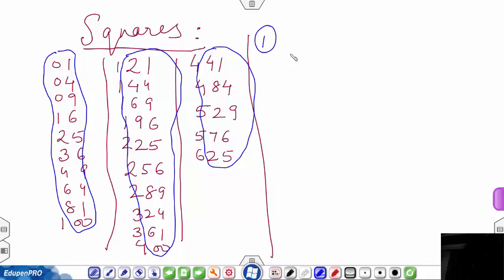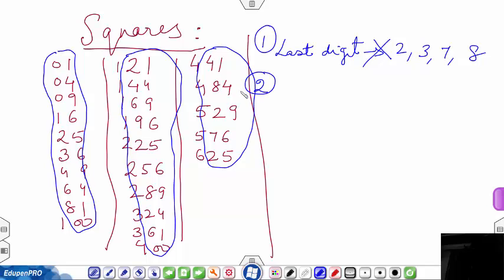No. Very, very important point. A square can never end with 2, 3, 7 or 8. So in other words, the last digit of a square can never be 2, 3, 7 or 8. It can never be. Not for these 25, remember, for every number.